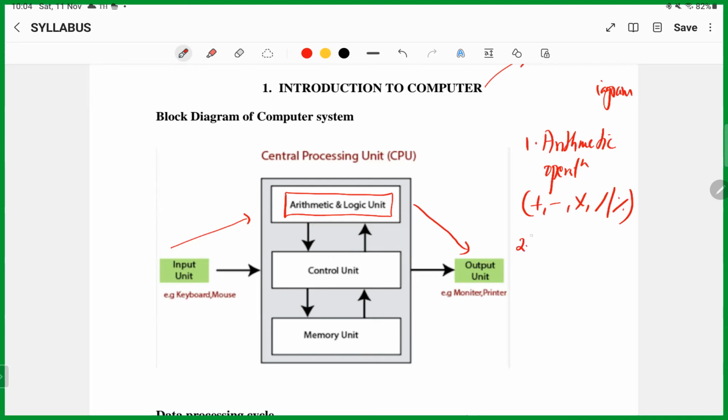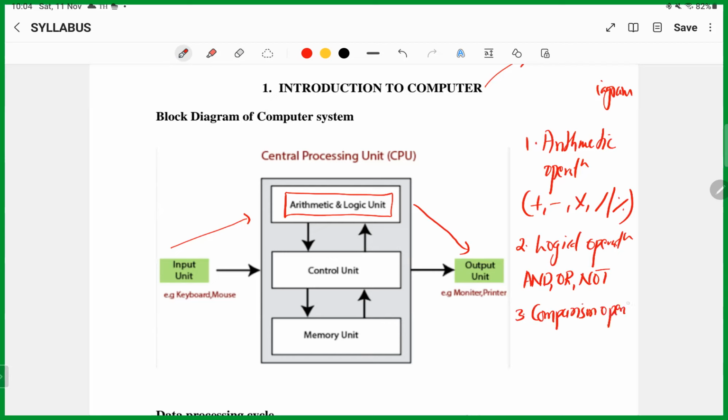Then it also performs logical operations. Logical operations are and, or, not, such operations. Then it also performs comparison operations.